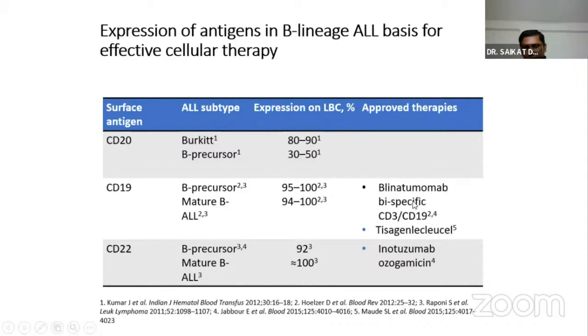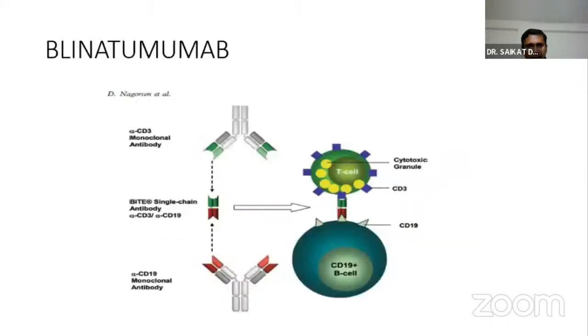Blinatumomab is a bispecific T-cell engager. This also targets CD19, and tisagenlecleucel is a CAR T therapy, which also targets CD19 of the ALL blast. CD22 is targeted by inotuzumab ozogamicin. So these are the new drugs we have in our armamentarium for treating relapsed refractory adult ALL patients.